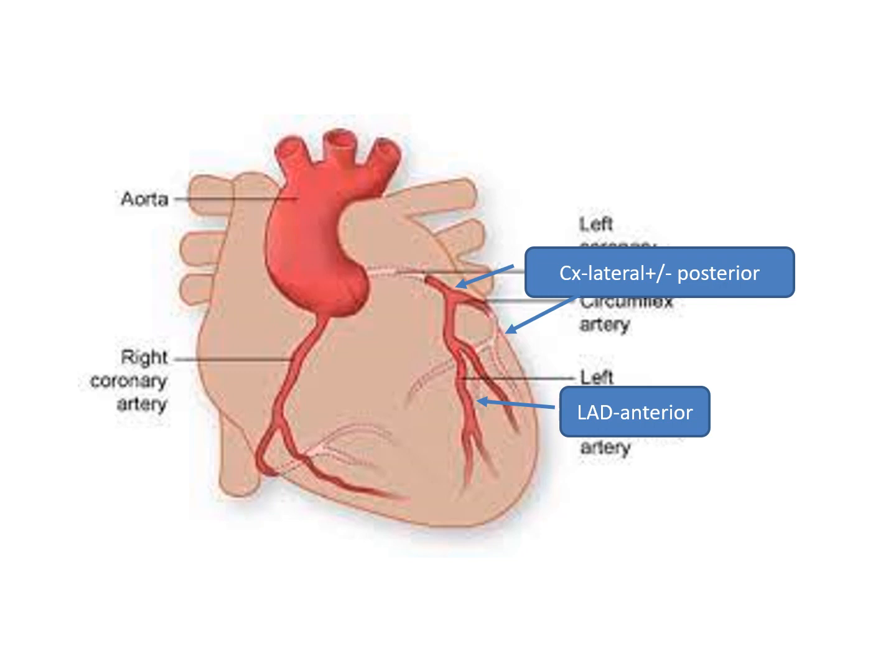So before we go into the ST elevations, let's take a quick look at the blood supply of the heart. So we're going to focus on the left side first, and on the left side, the left main splits into 2 arteries. The circumflex, which goes laterally and then curves behind and meets the right coronary artery and the posterior wall.